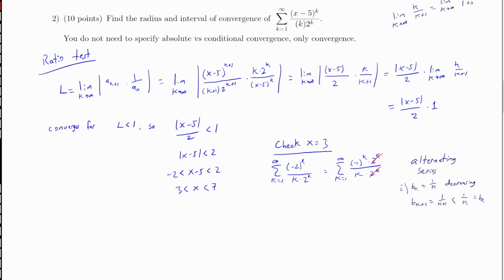So the next term is smaller than the previous term, so that shows that it's decreasing. The next thing we need to check is that the limit as k goes to infinity of b_k is 0. If I take the limit as k goes to infinity of 1 over k, that is indeed 0. So this converges by the alternating series test.